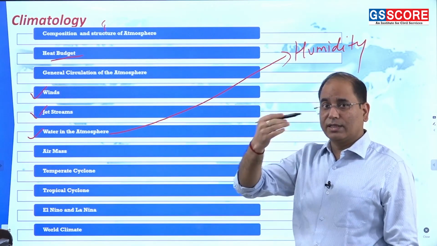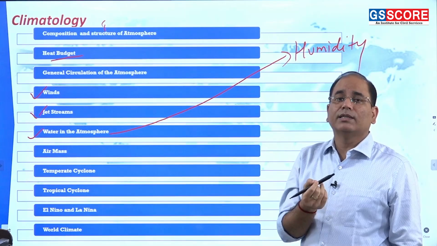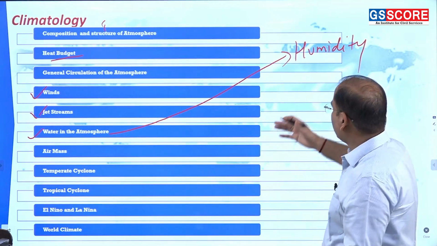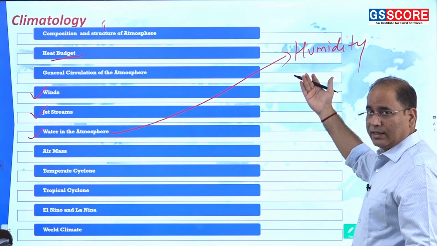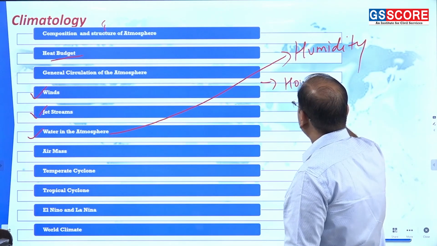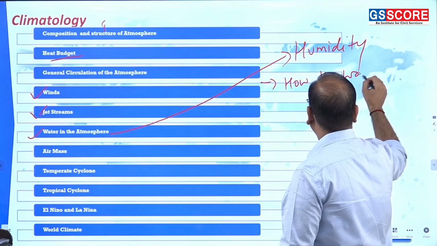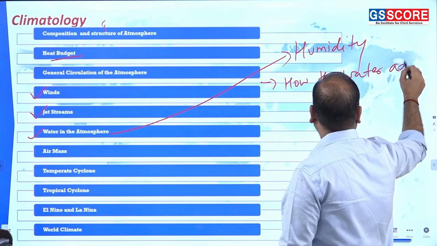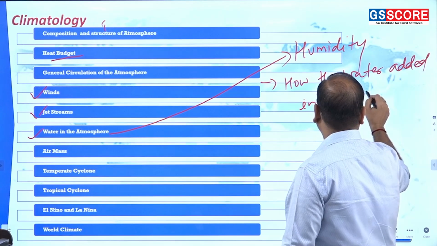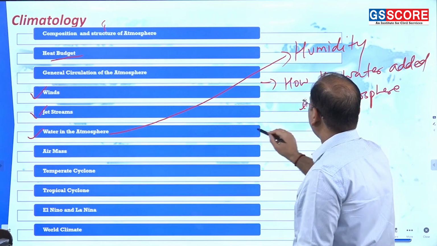So in the composition of the atmosphere, you are supposed to study the amount of water vapor that is present. Within that composition, you are supposed to study humidity, how the water is added in the atmosphere, and its variation.